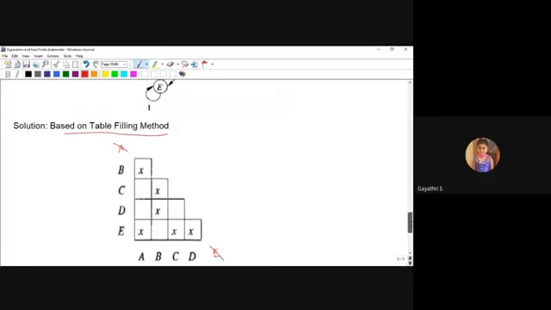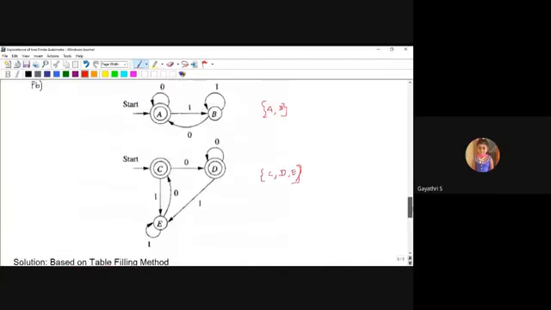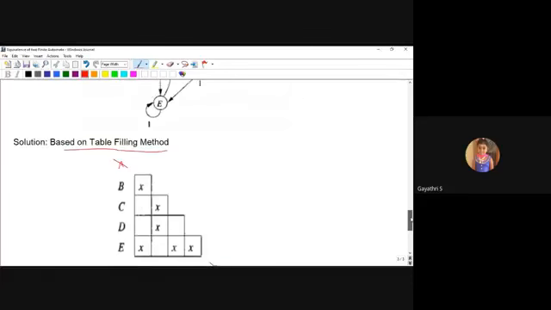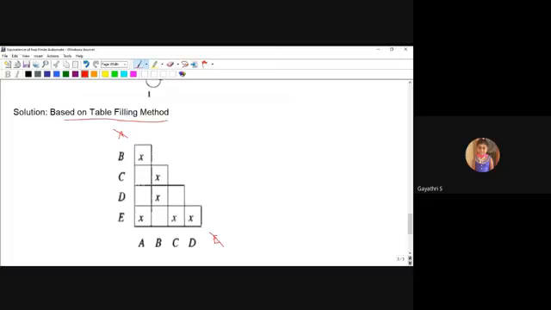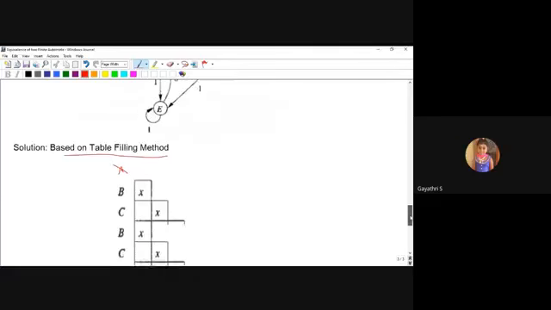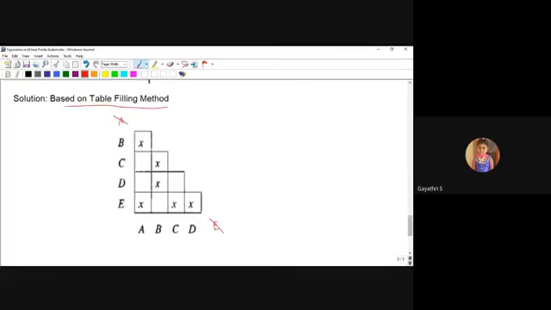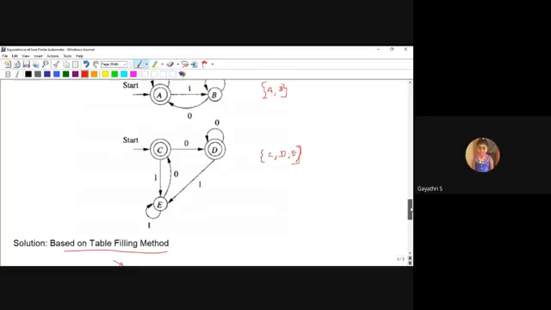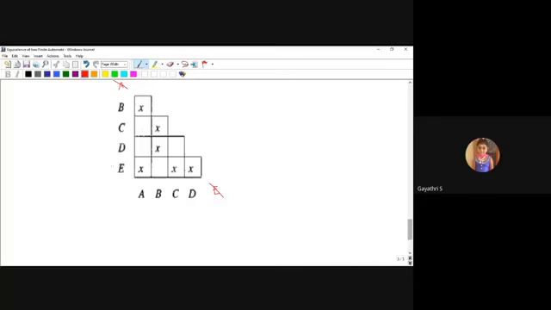So next AD pair, A which is final, D which is also final, so unmarked. Then BD pair, B which is non-final, D which is final, so marked. Then CD pair, C and D, both are final, so unmarked.